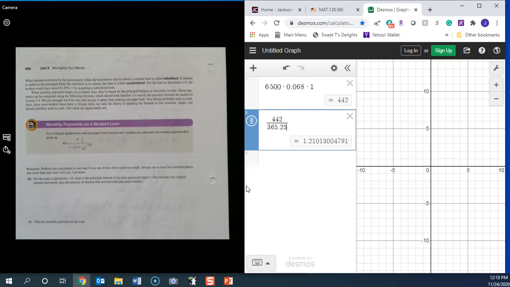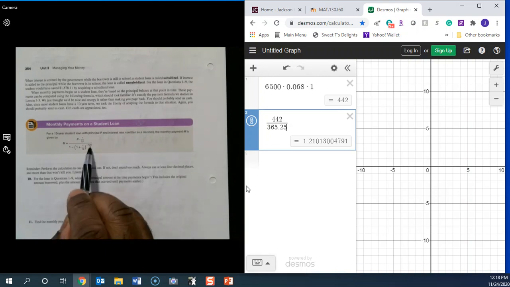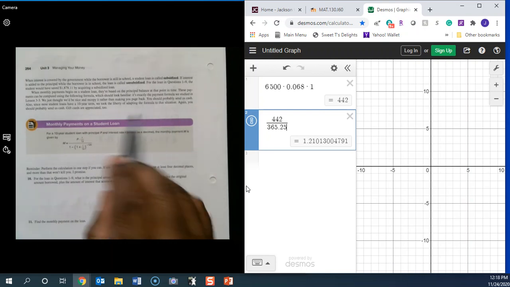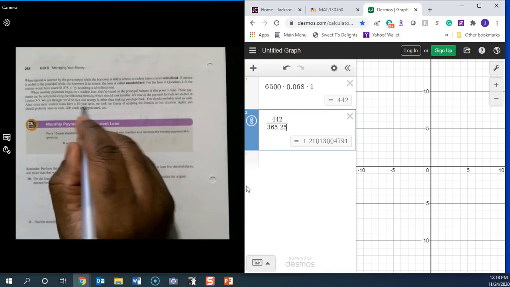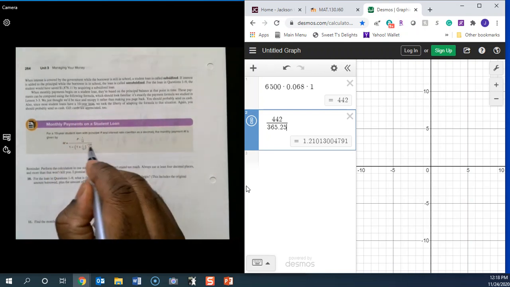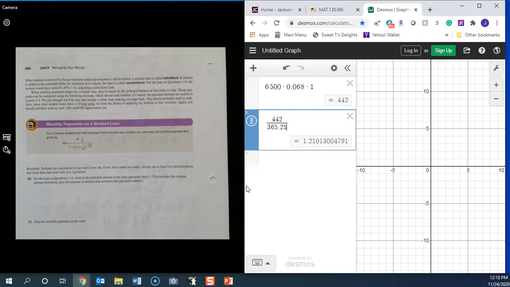Also, since most student loans have a 10-year term, we took the liberty of adapting the formula to that situation. Again, if you look here, when it's adapting to the 10-year term, this is where this negative 120 comes into play, and we'll get to that a little later.